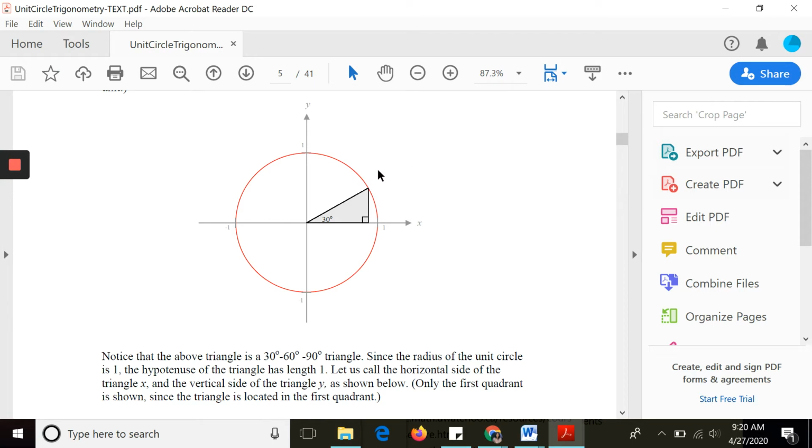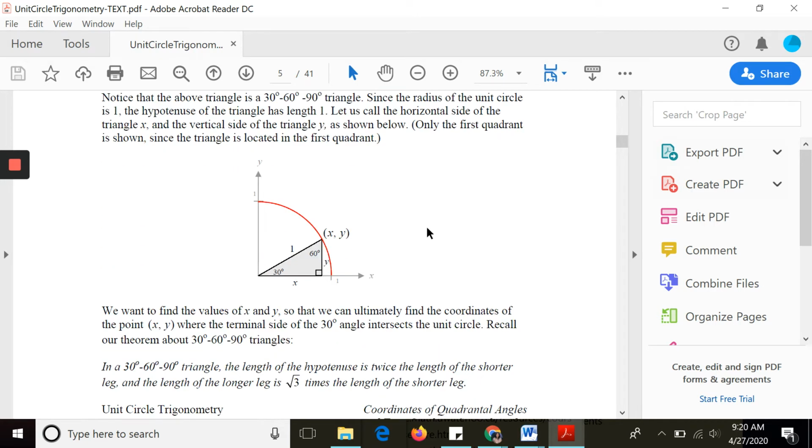So if you remember, the coordinates you had in this case were cos 30 and sine 30, and cos 30 came out to be square root of 3 over 2, and sine 30 was 1 over 2. So we found that.